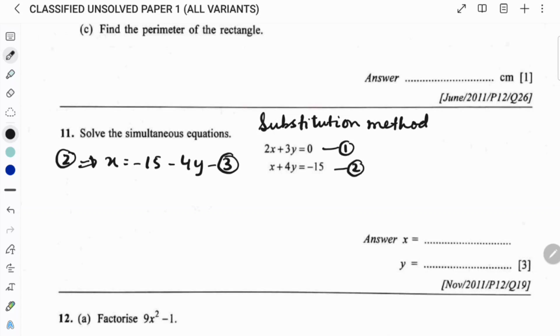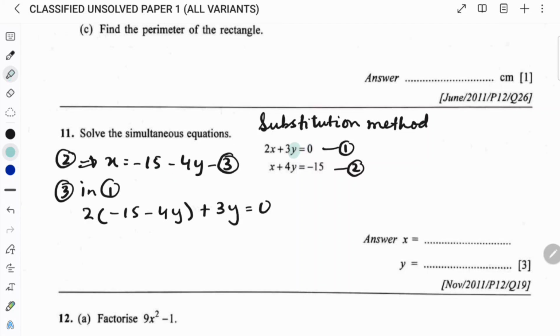Now, the first step is to put equation 3 into equation 1. In the first equation, 2 times x plus 3y equals 0. What did I do? In place of x, I put minus 15 minus 4y.